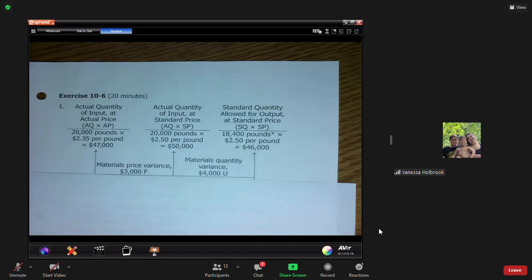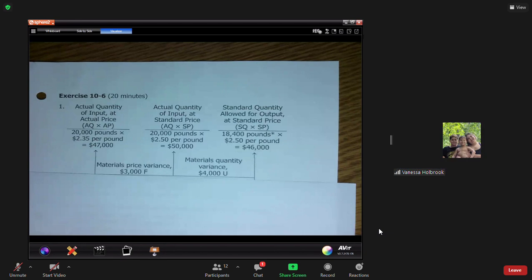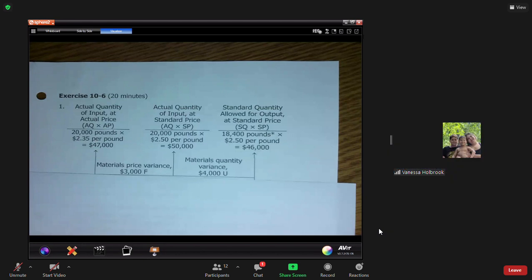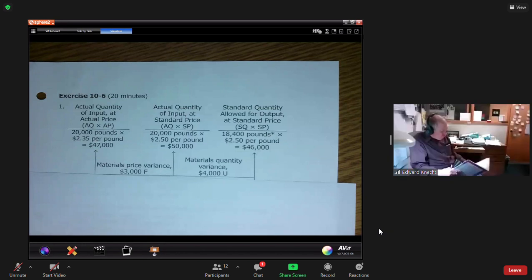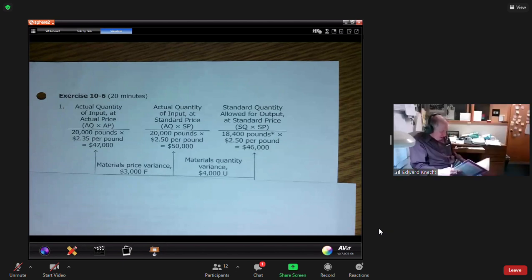We're supposed to use 4.6 pounds. And how many units did we produce of the Zooms? 4,000. Okay, how many pounds should we use if we're supposed to use 4.6 pounds for every unit produced, and they produce 4,000 of those?